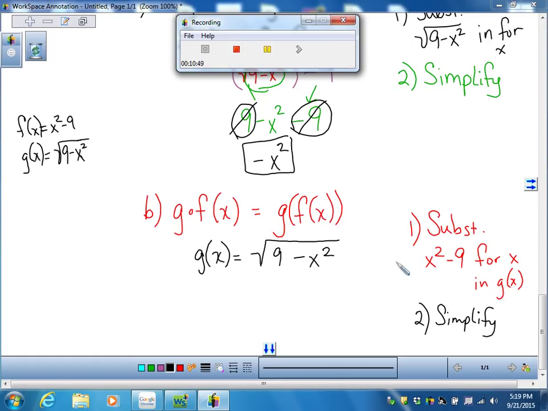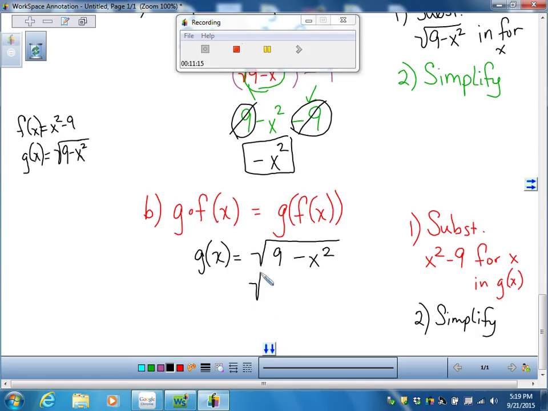Alright, part B, g of f of x is equal to g of f of x, whichever way you write it. First thing we're going to do is write down g of x, which is the square root of the entire quantity 9 minus x squared. We're going to substitute in x squared minus 9 for each x in g of x. So let's go ahead and do that.